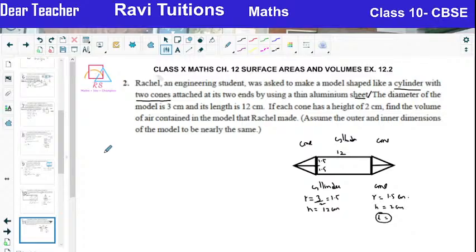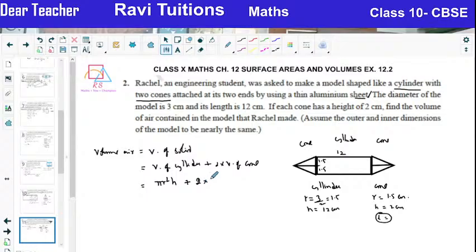Find the volume of the air contained in the model of Rachel Smith. So volume of air is equal to volume of the solid figure. Volume of solid figure means volume of cylinder plus 2 into volume of cone. Volume of cylinder is pi r square height, and volume of cone is 2 into 1 by 3 pi r square h.